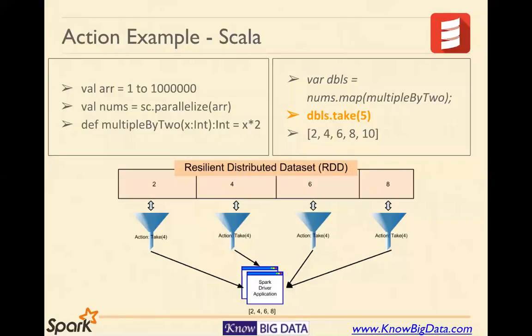All right. So an action looks like this. Something happens here, something happens here, something happens here, and something happens here. And all of this result is gathered at the driver level. Is this example clear? Here, first we are taking a huge number of records. Then we are converting that into an RDD by saying sc.parallelize, and then we are defining a function called multiply by 2.